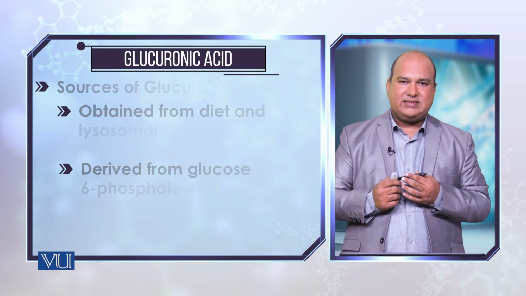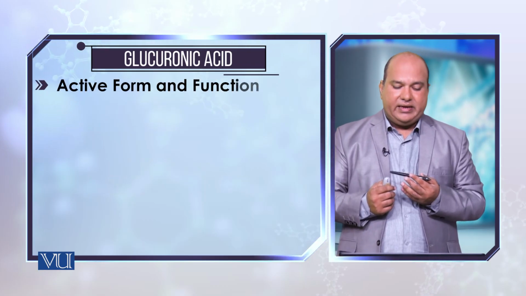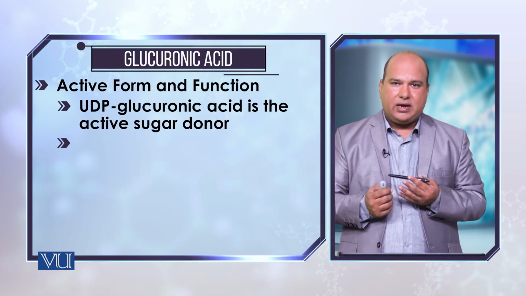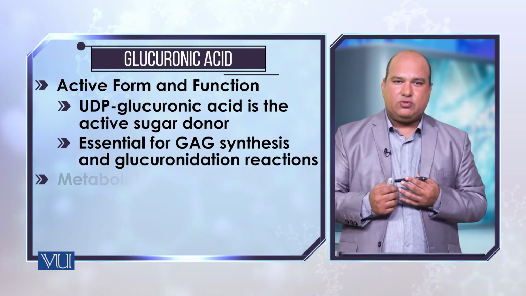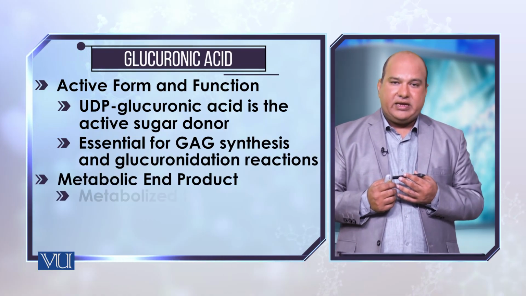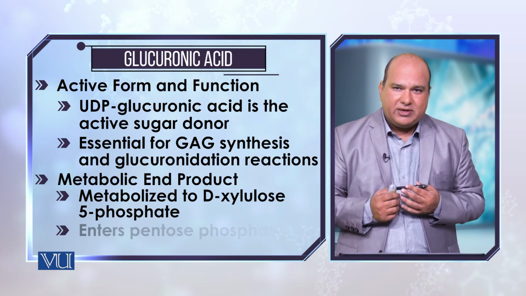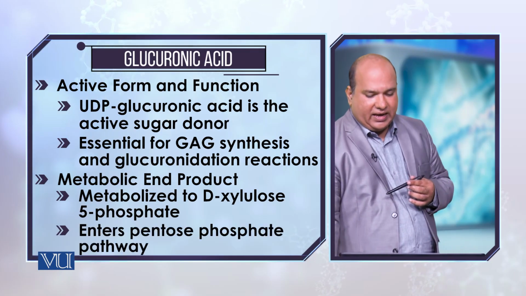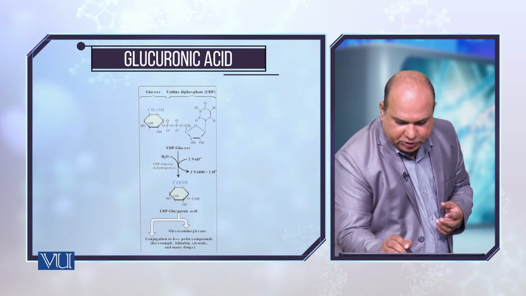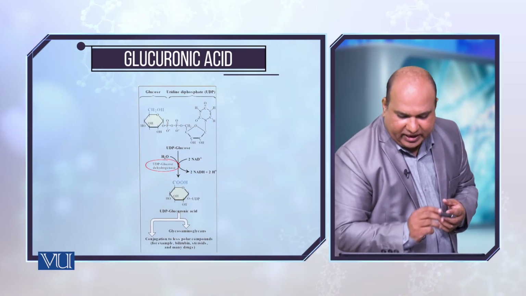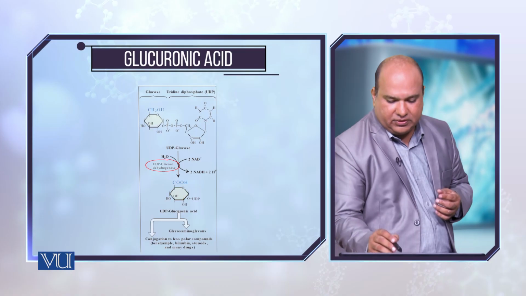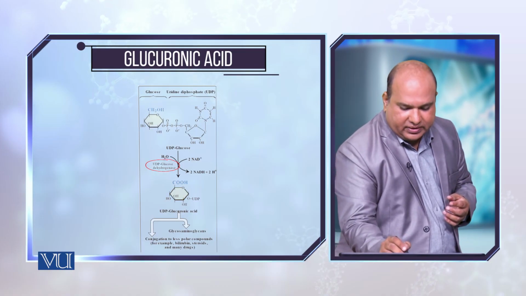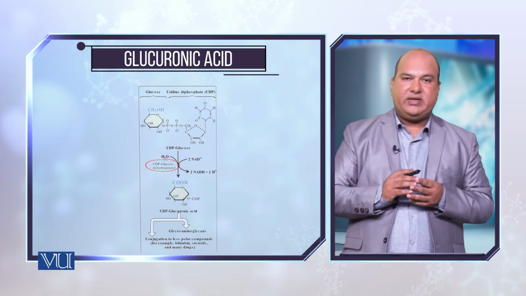The glucuronic acid is formed from glucose. Glucose, of course, you get from the diet. The glucose is converted into UDP glucose, and the UDP glucose then, under the action of UDP glucose dehydrogenase, gives rise to the formation of UDP glucuronic acid.